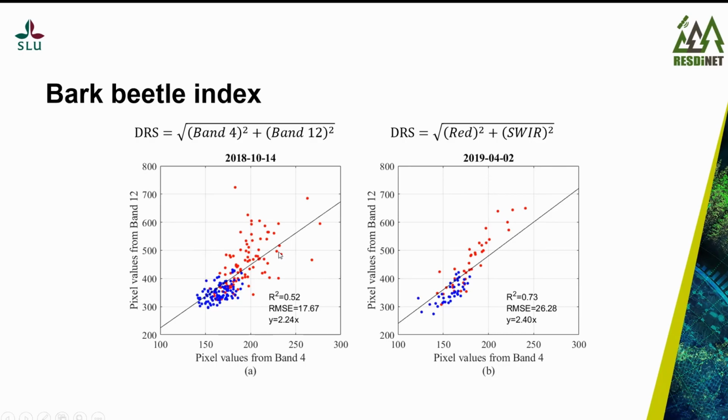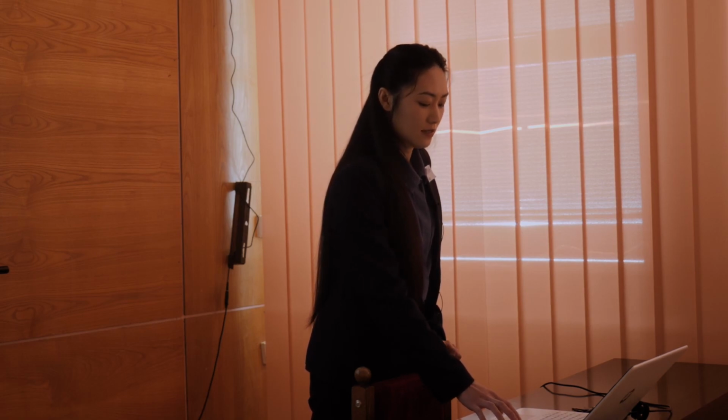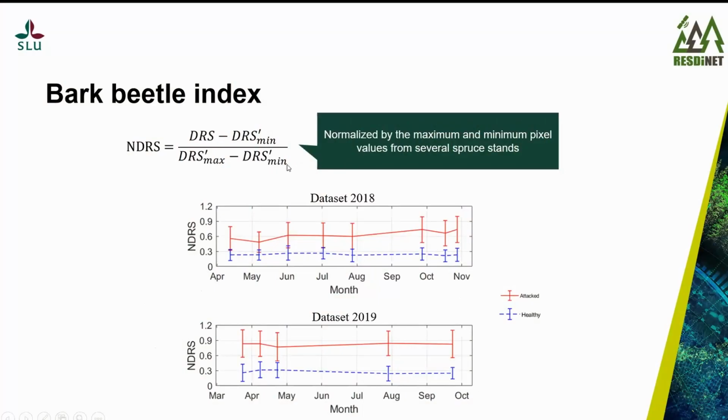So after the tree is attacked, the spectral values in the red band and the SWIR band both increase. And then we calculate this index, and we also use pixel values from the spruce stands to do a normalization and to even out the season effect throughout the year.